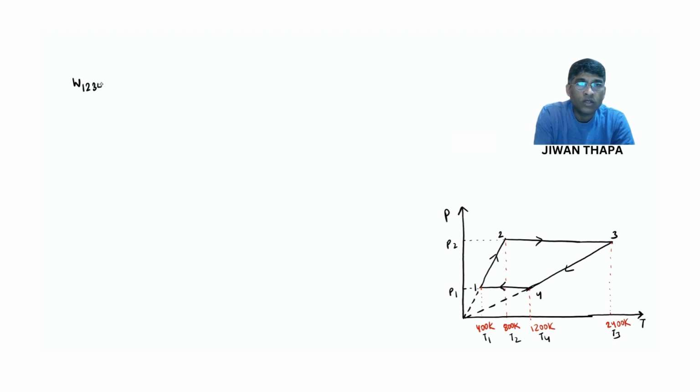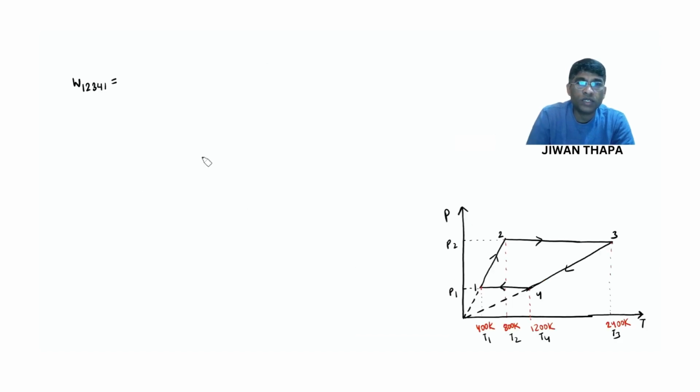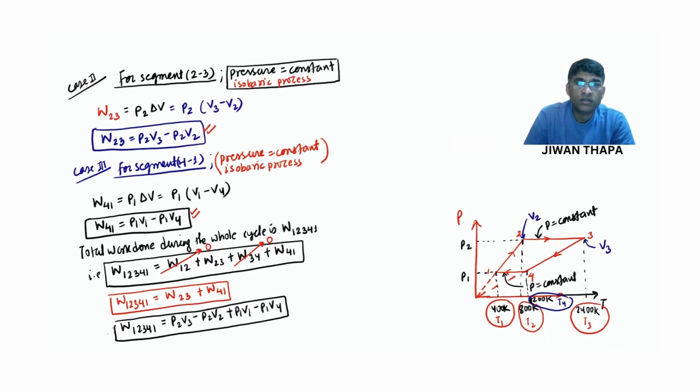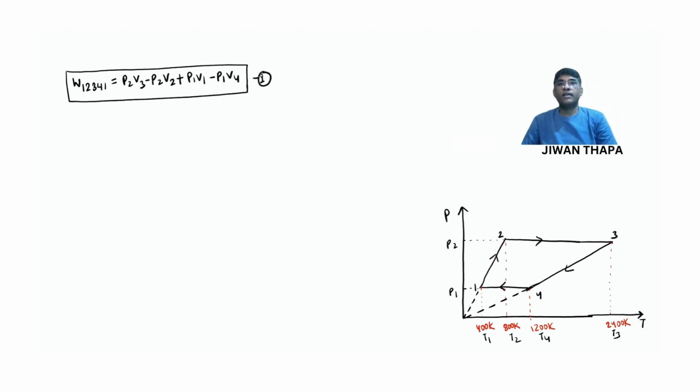Total work done during the whole cycle equals P2 V3 minus P2 V2 plus P1 V1 minus P1 V4, and let us call this equation 1.